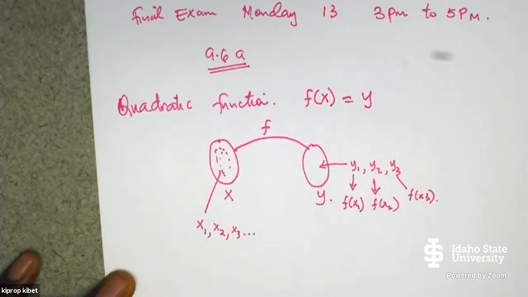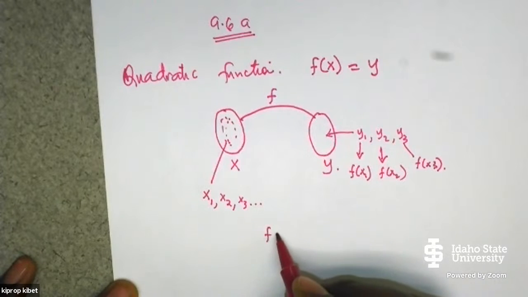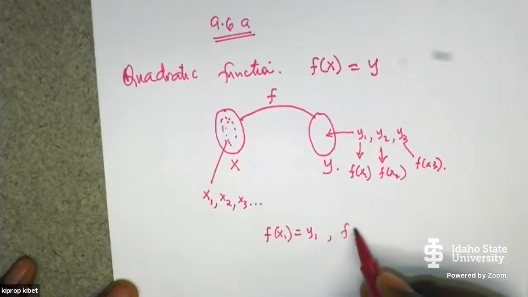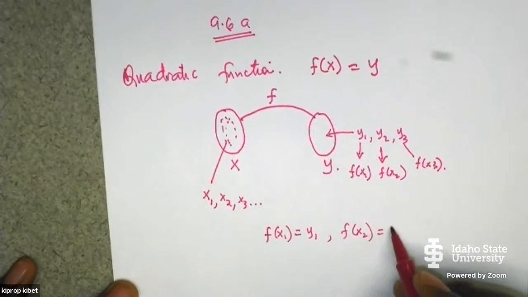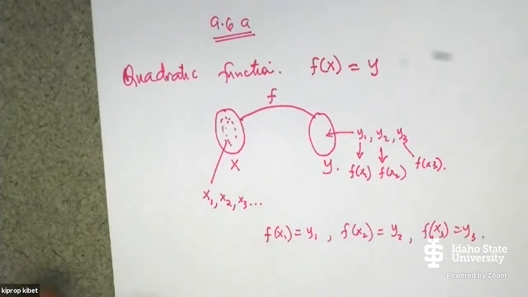So f of x1 equals y1, f of x2 equals y2, f of x3 equals y3.